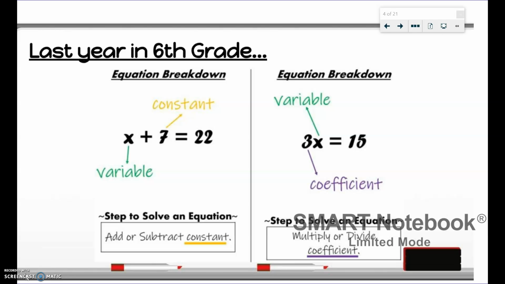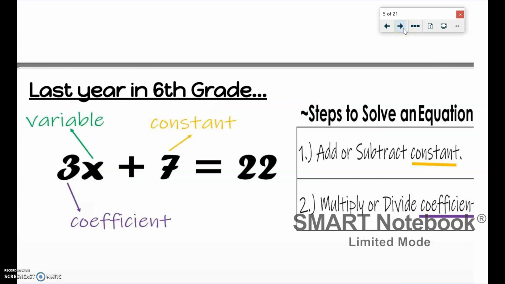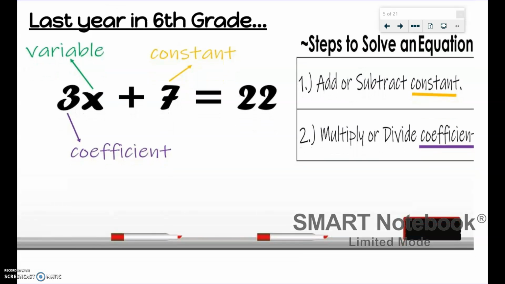And then over here, you have your variable as well as your coefficient. Your coefficient is the number that is multiplying or dividing your variable. So it's always attached to your variable. So you would either multiply or divide your coefficient. So this is kind of what it looks like for you guys.